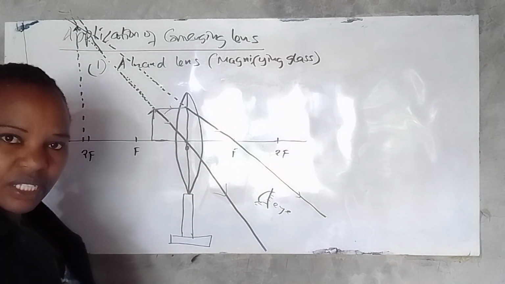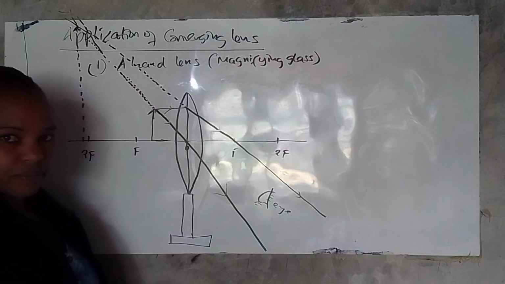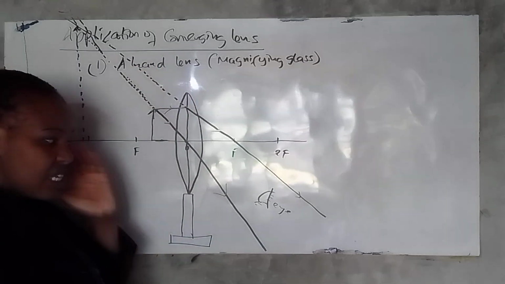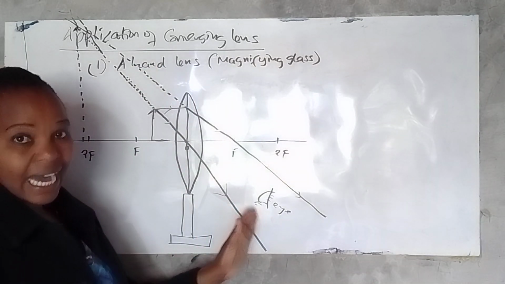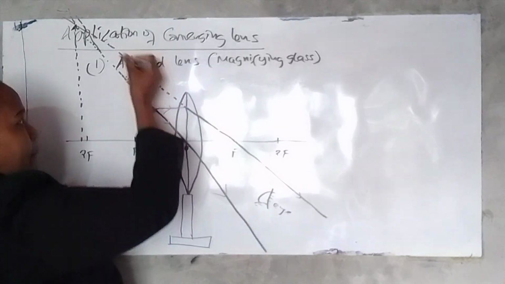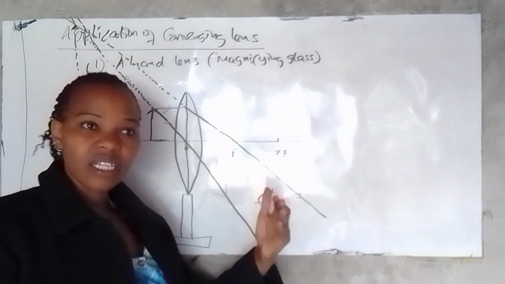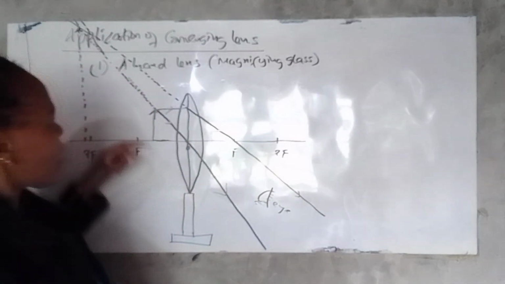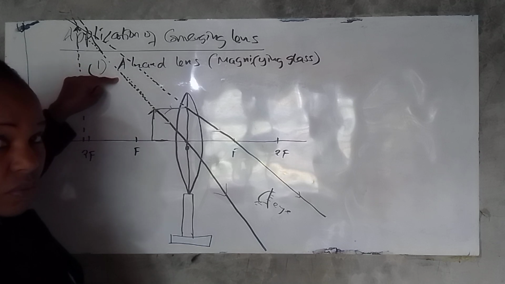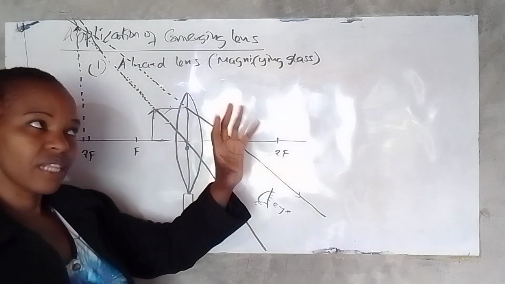Now, which are the virtual rays? Which are the imaginary rays? There is no ray going backwards. This ray is imaginary. It is seen by the eye as an illusion, as if it is there but it is not there. So anything you produce behind the lens is just imaginary. It is virtual. The eye cannot see bending of the light.